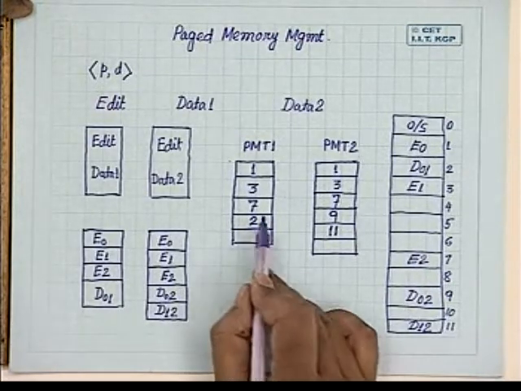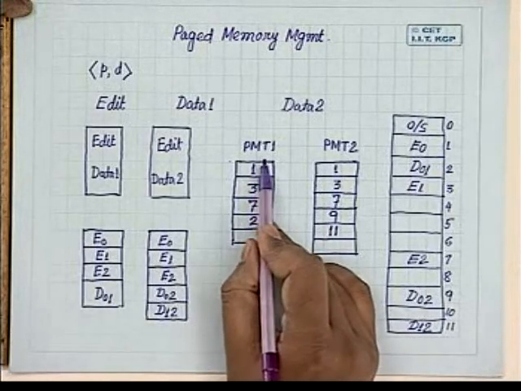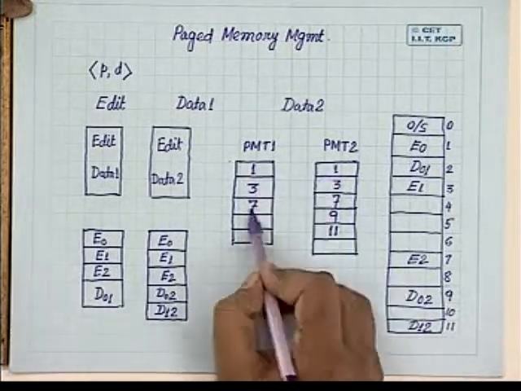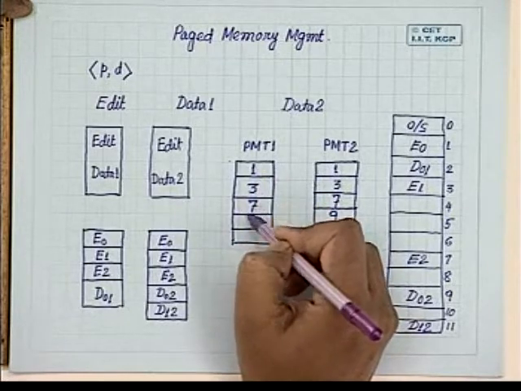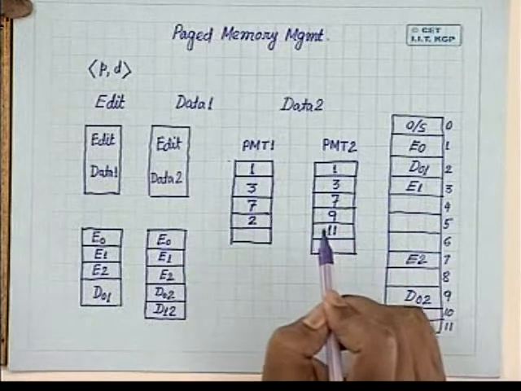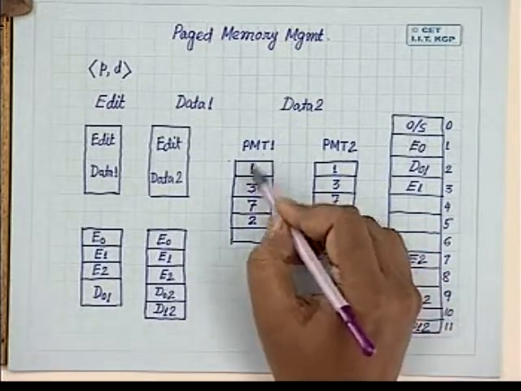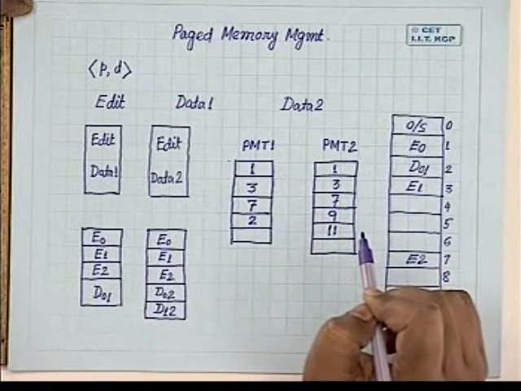Okay. So if I have these types of page map table for 2 user programs, user program 1 and user program 2, you find that first 3 pages are actually shared by user program 1 and user program 2. Now what restriction we have to have if we want to allow such sharing of code?